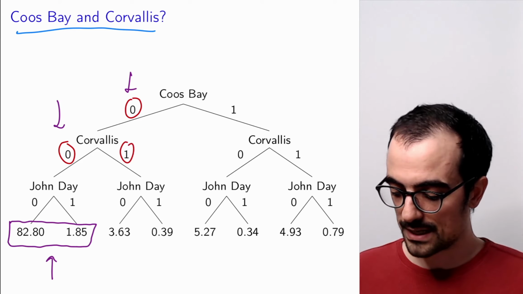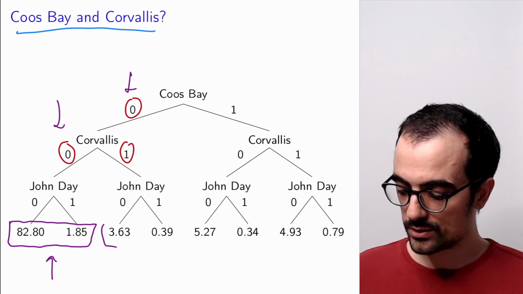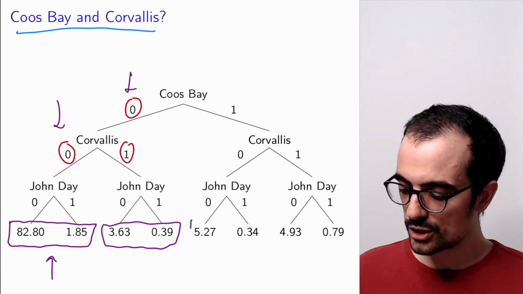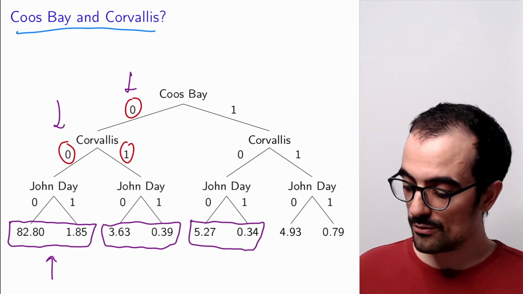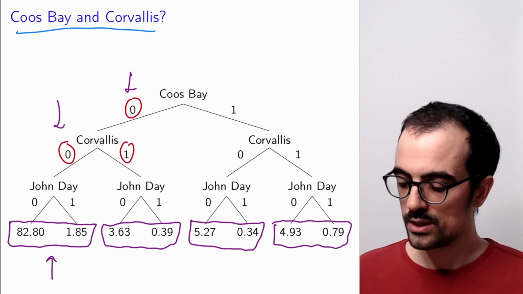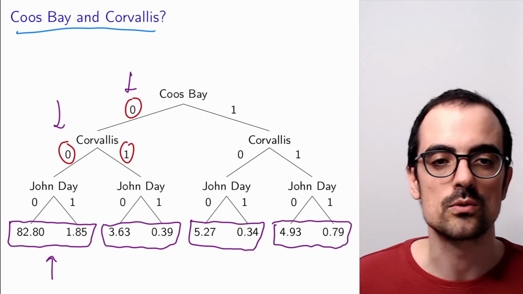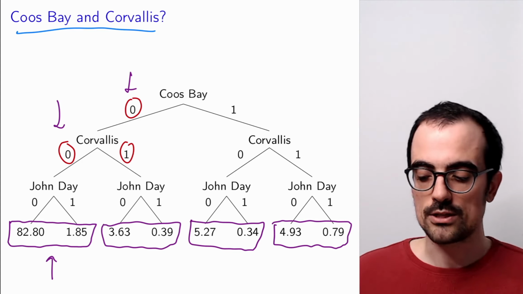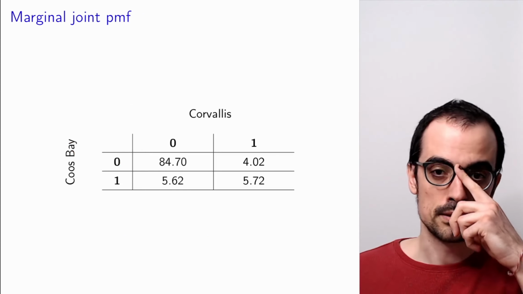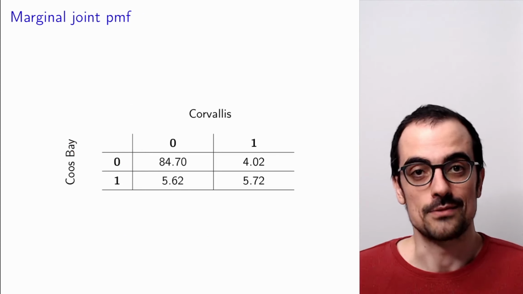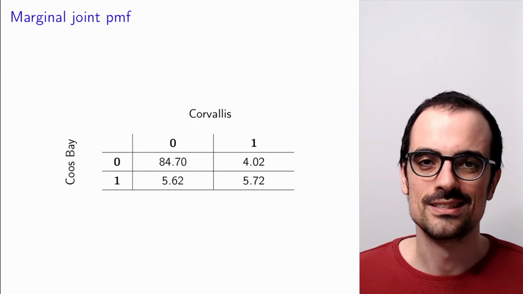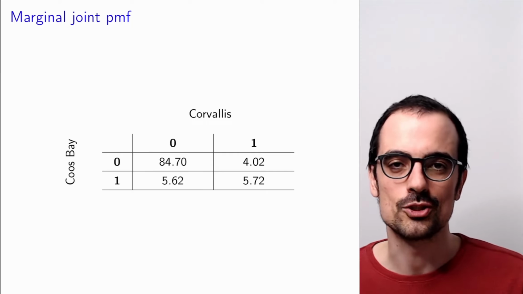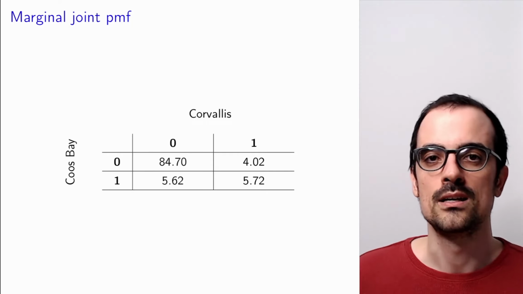I really recommend that you do this on your own. Try to derive the joint PMF of Coos Bay and Corvallis. You'll see that you have to sum over the possible values of John Day, and you're going to get this joint PMF. And you have to check that you do get a 2x2 joint PMF, which characterizes the joint behavior of Coos Bay and Corvallis.